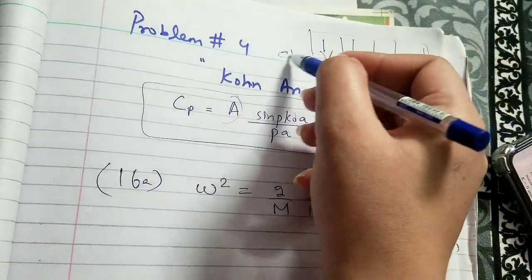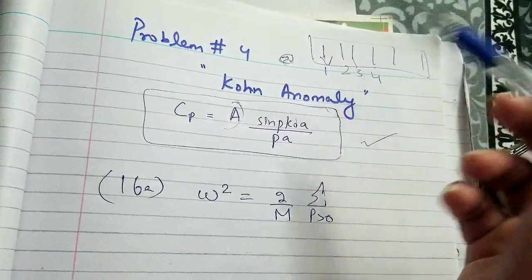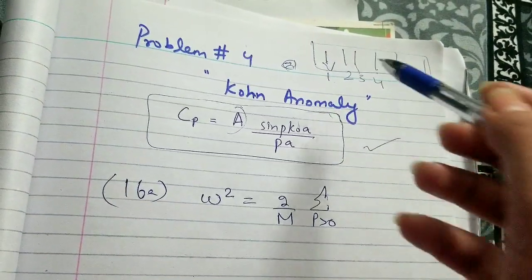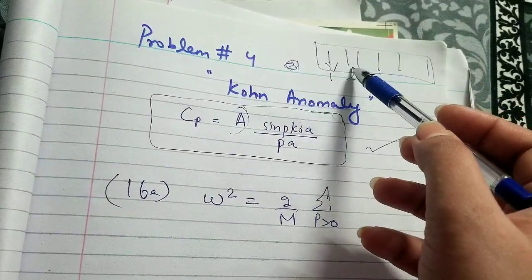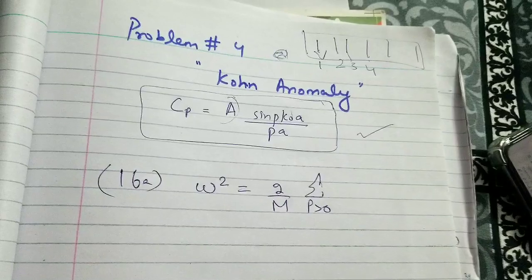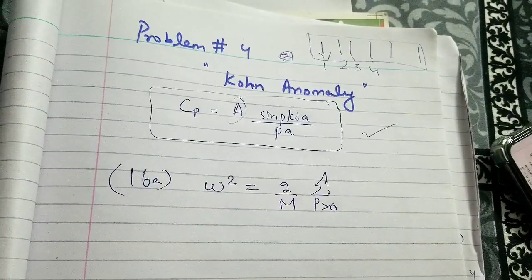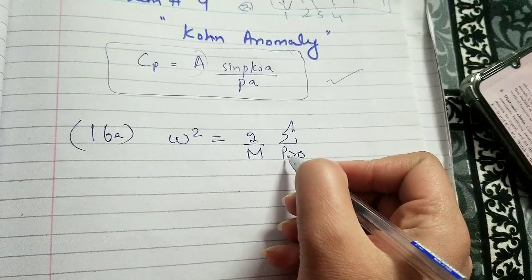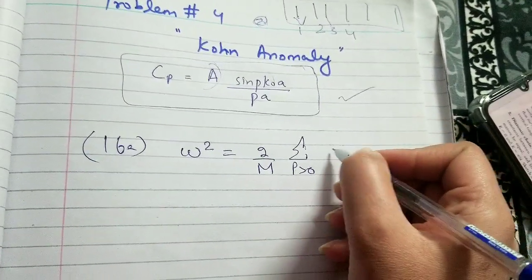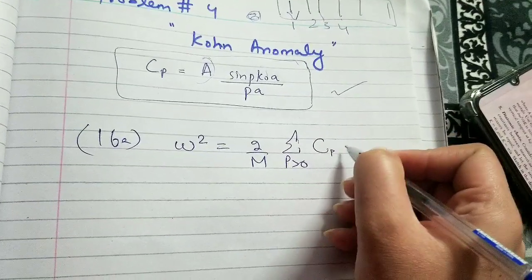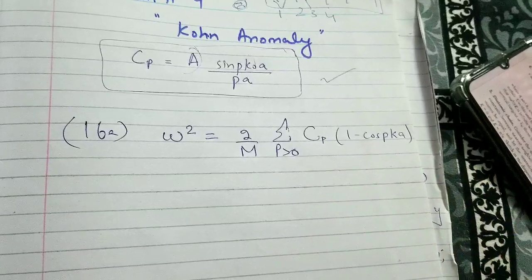We are counting the planes. For example, it's the first plane, second plane, third plane, fourth plane, just like counting humans in a line: first in line, second in line, third in line. We cannot allocate negative numbers because it doesn't make sense. So we have the summation over p greater than 0 of C_p (1 − cos(pKa)).